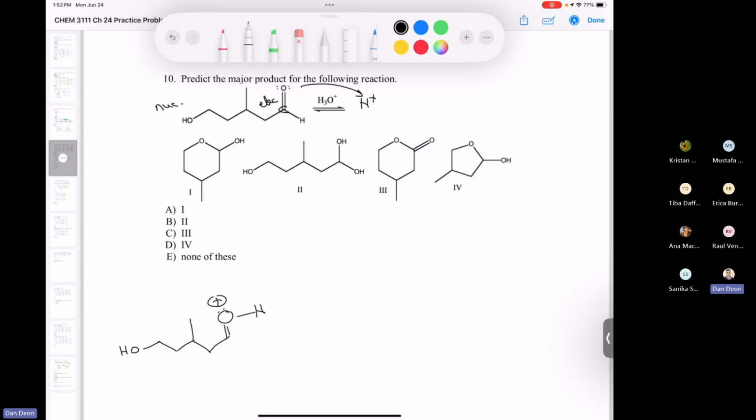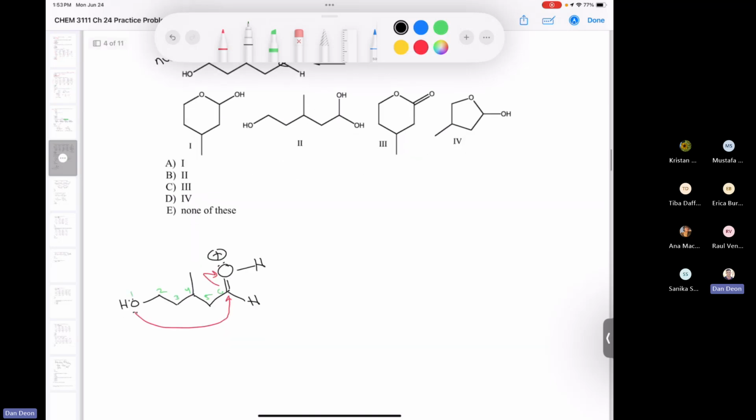Now this is going to be even more electrophilic, and so now the hydroxyl group can come in as a nucleophile like this. If we count the number of atoms in the ring, we have 1, 2, 3, 4, 5, 6. So we have a 6-membered ring that's going to be formed. Let me put some arrows here. So we're going to end up with something that looks like this.